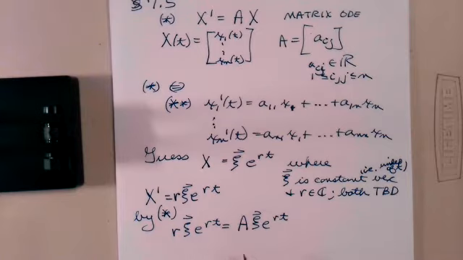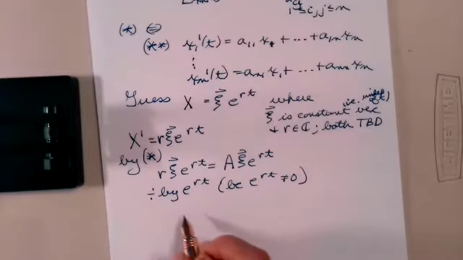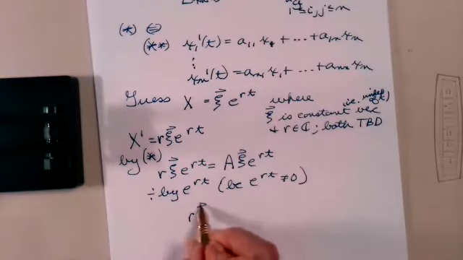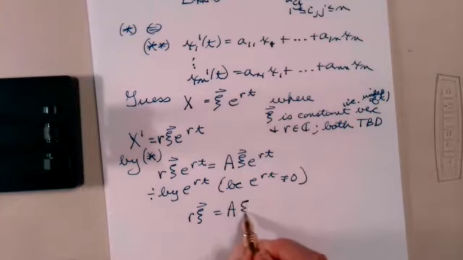So now we can divide by e to the rt, because e to anything is never zero, so I'm not dividing by zero. And then we get the matrix equation rC is equal to AC.